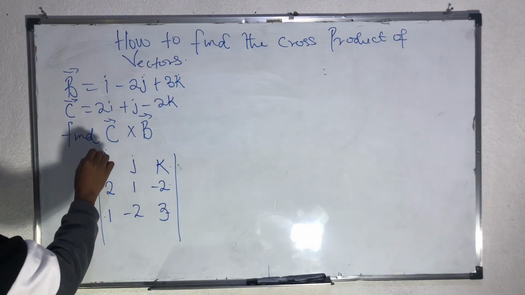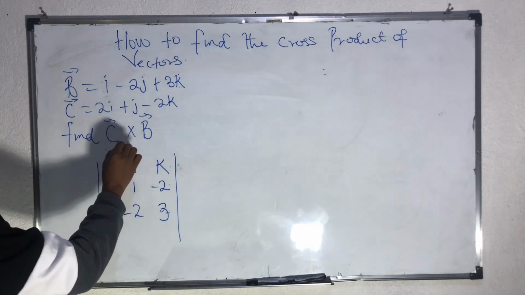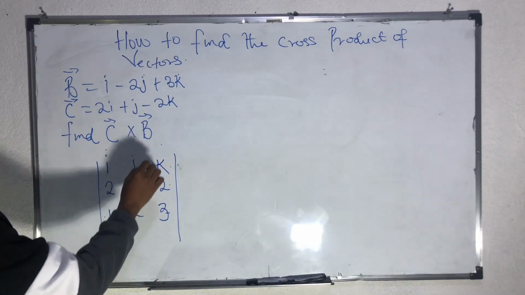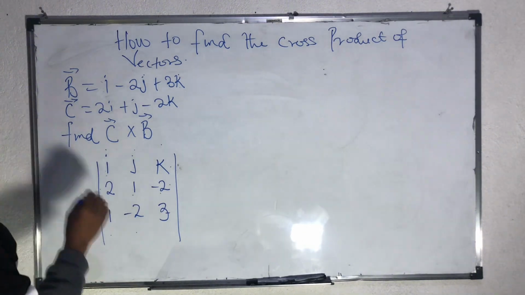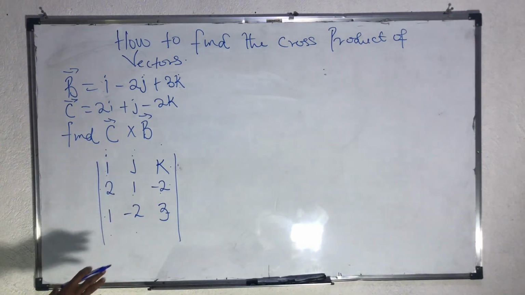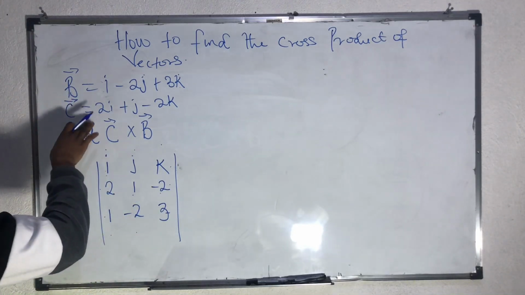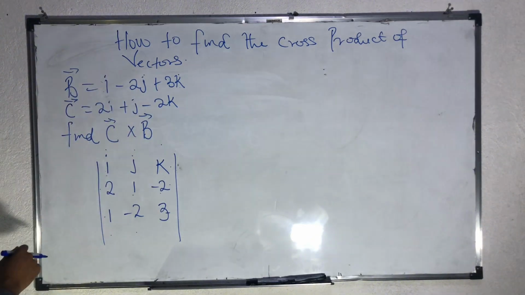Here we have column 1: i, 2, 1 is column 1, j, 1, -2 is column 2, k, -2, 3 is column 3. That's why it is called a 3 by 3 matrix. That's what you're going to form if you're given two vectors that have components in the x, y, and z.